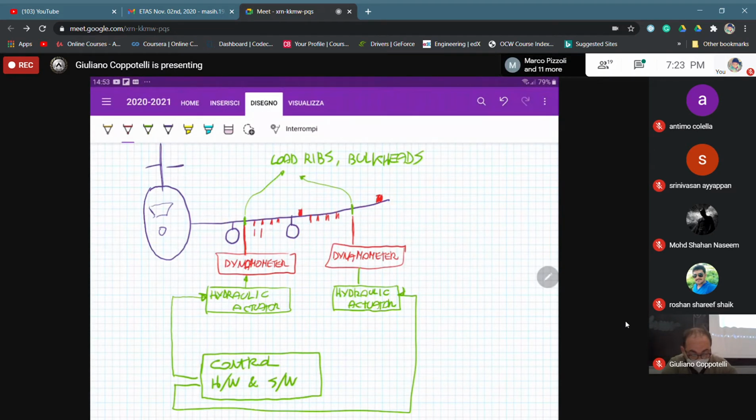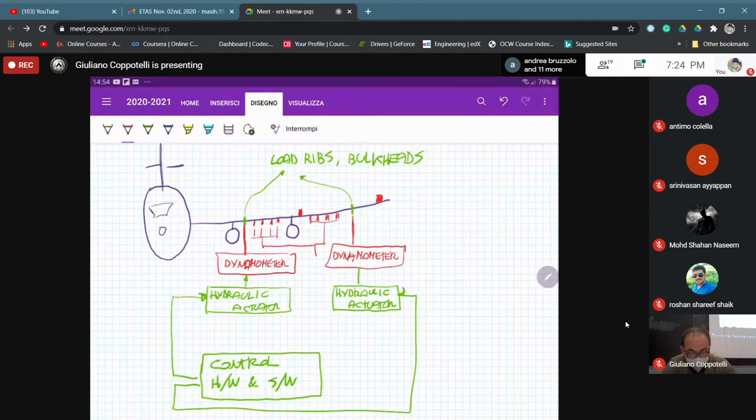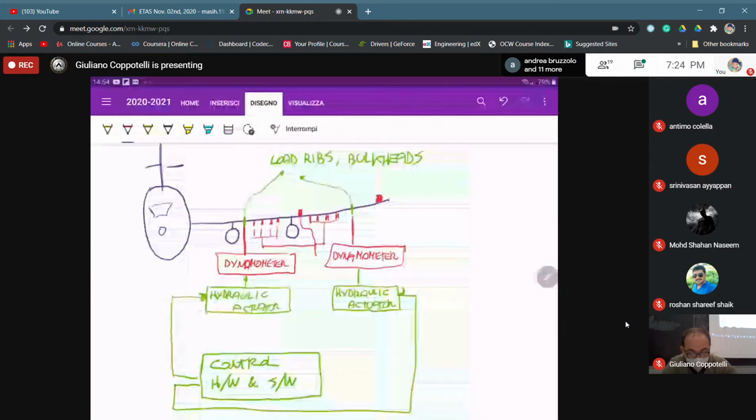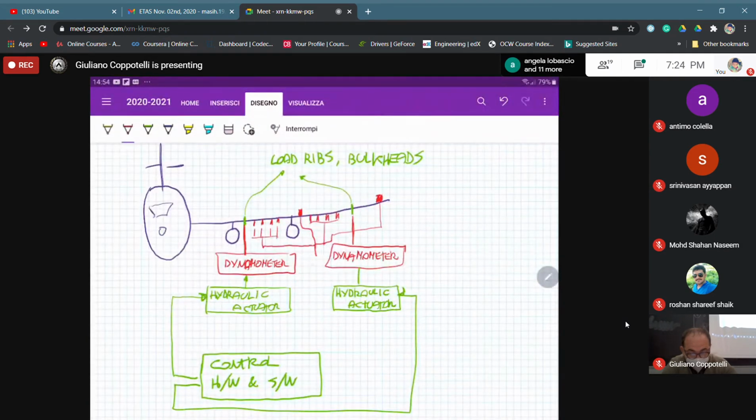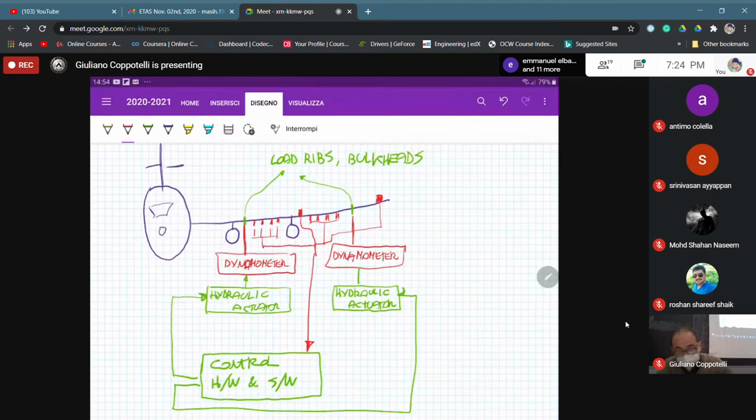So all these signals are put together to form a sort of information output line that goes also here, to the measure.